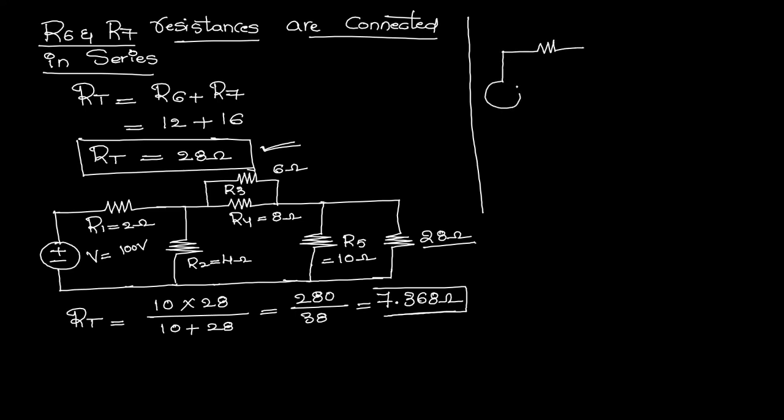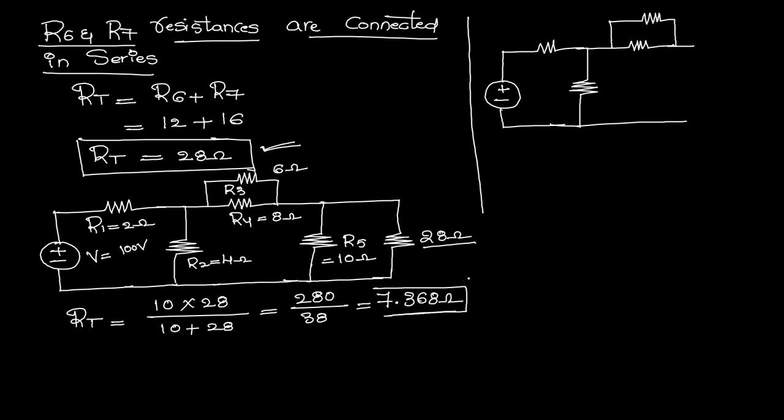So this is the voltage source, and here R2 is connected, and this one is R4 and R3, both connected in parallel, and here the resultant of R5 and R8 we got as 7.368 ohms.